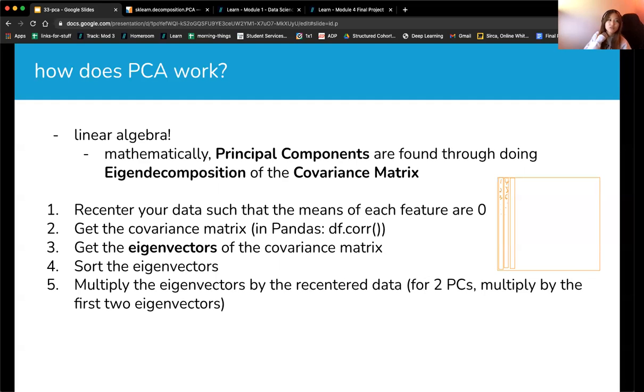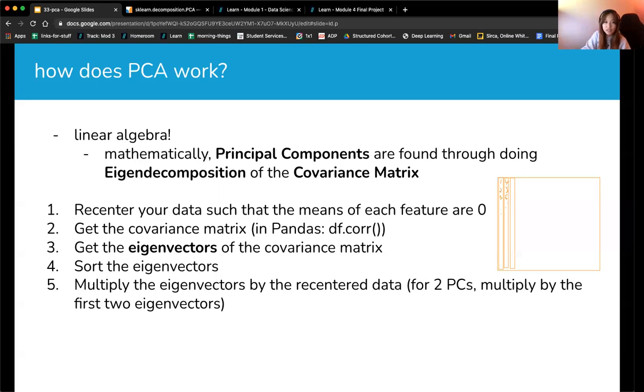Okay, I think this will tie in with what I'm going to talk about, the documentation and how you work with it in scikit-learn. But yes, before you do PCA, everything has to be numerical already. So you won't even do PCA until you've already done your get dummies, one-hot encoded, and cleaned up all of your data.